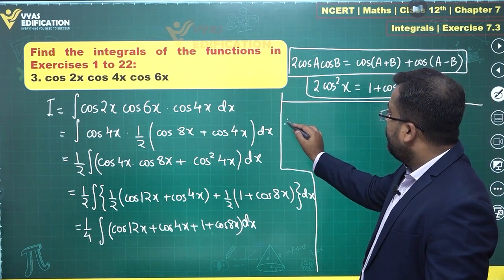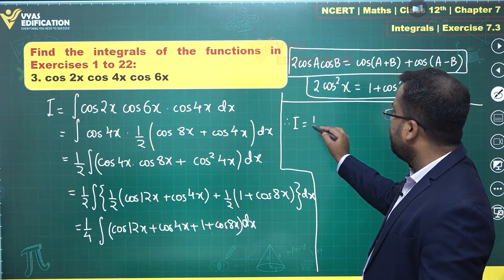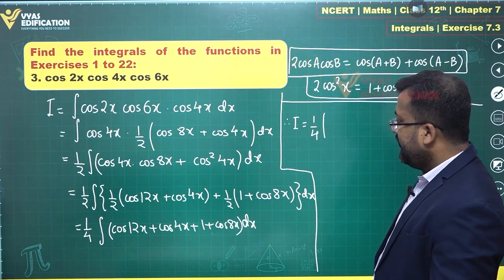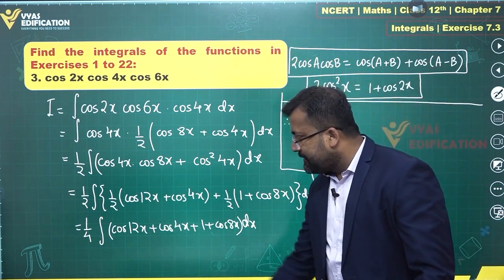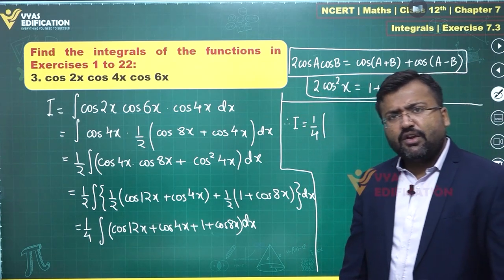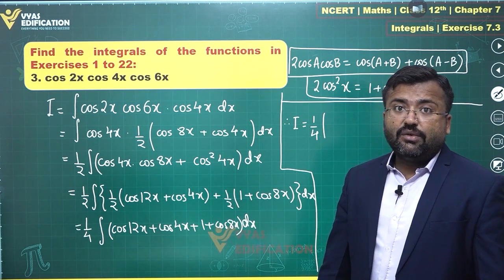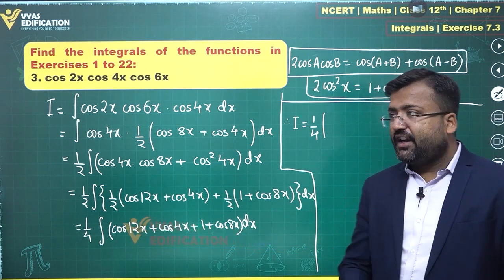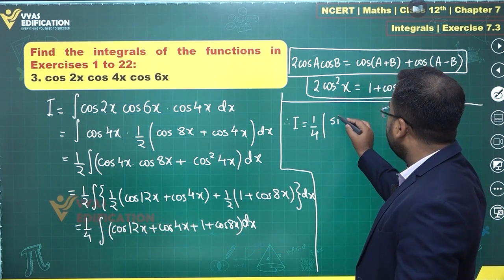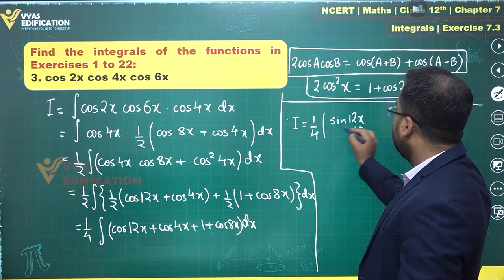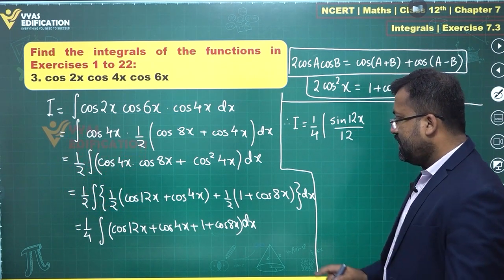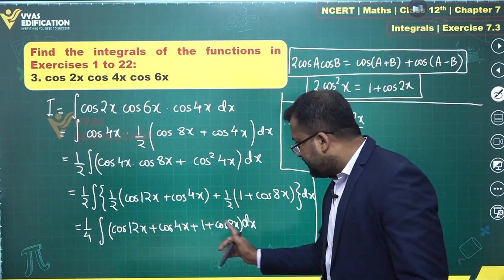Therefore, I is further equal to 1 by 4 outside, and I can integrate this cos 12x. The integral of cos 12x will be simply sin 12x, but we'll have to divide by that 12. So this is sin 12x upon 12. Next, let me take this cos 8x.